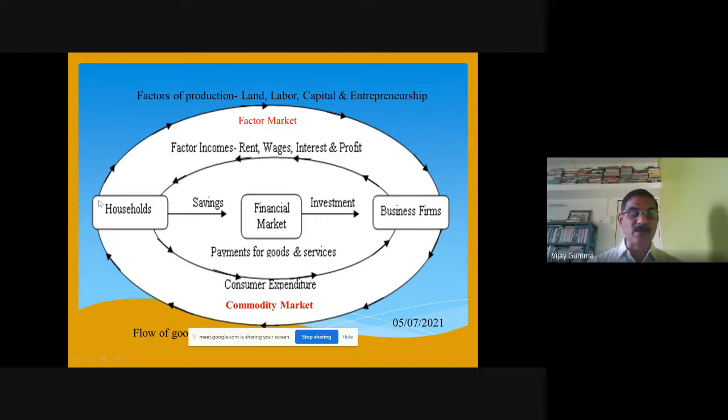Suppose households are saving a part of their income, then the financial market, that is banks and financial institutions, mobilizes savings from the household sector and makes them available to the business firm sector in the form of investment.